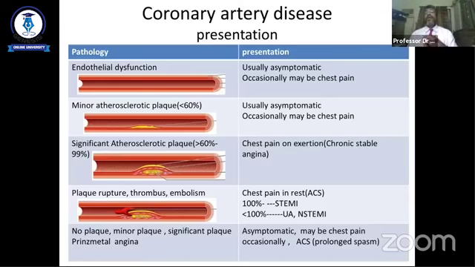Even there may be some ST-T changes. That is, this patient may have hyperacute T waves, that is, tall T waves you may get in the early part of the myocardial infarction. Or you may get T inversion, or ST depression or T inversion. So these are the ECG findings. Even we may get ST elevation also.